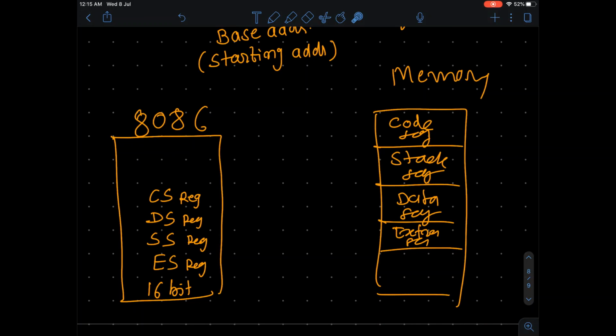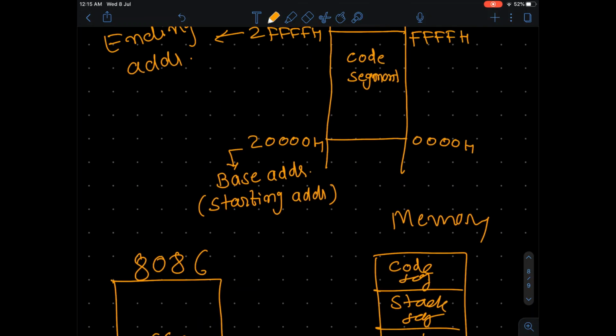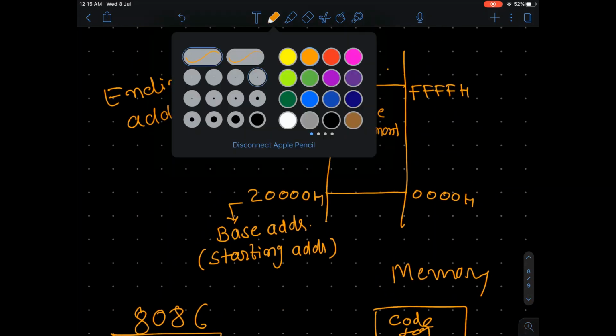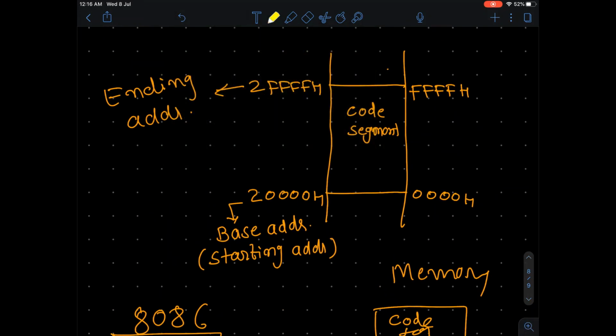Now what is the function of these registers? We will discuss the CS register. In our case, the starting address is 20000 and the ending address is 2FFFF. So what does this CS register do? The CS register holds the upper 16 bits of the starting address, or the base address, of the code segment.